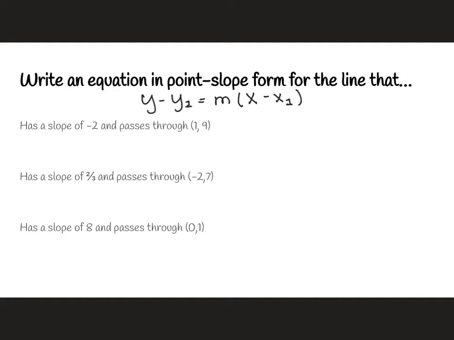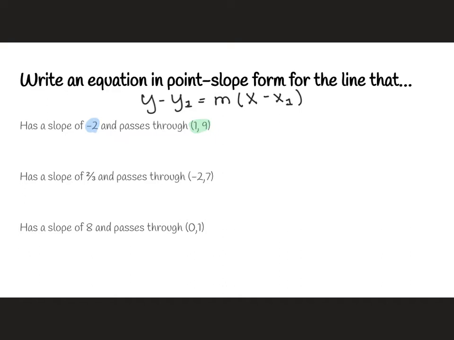So we want to write an equation for the line that has a slope of -2 and passes through the point 1, 9. Now, before I get started, I like to label.